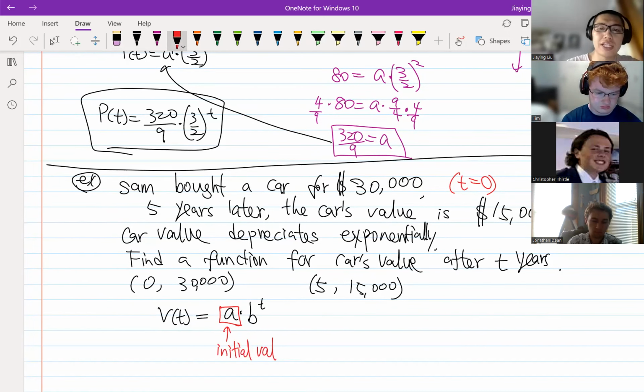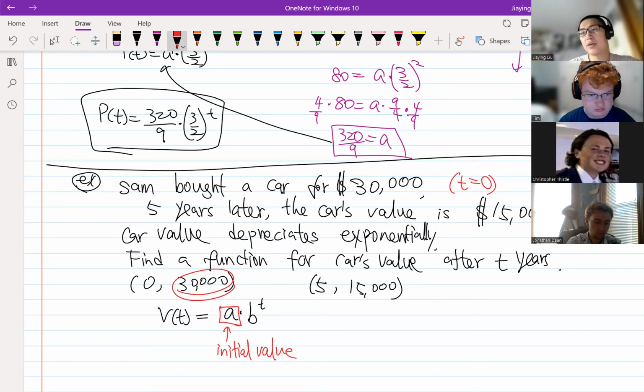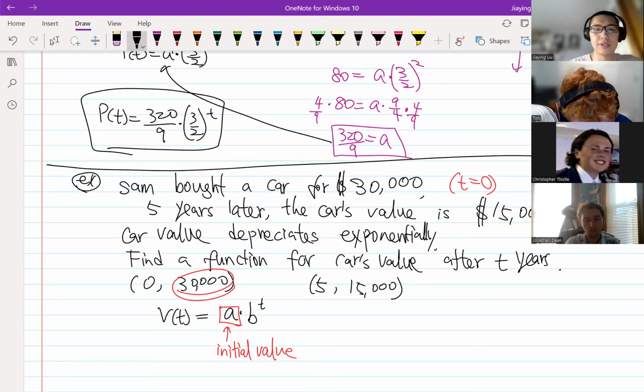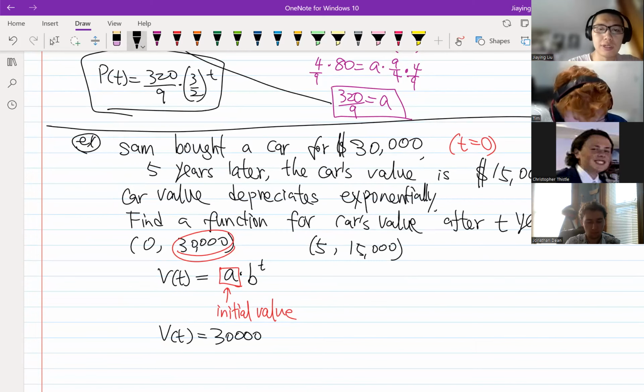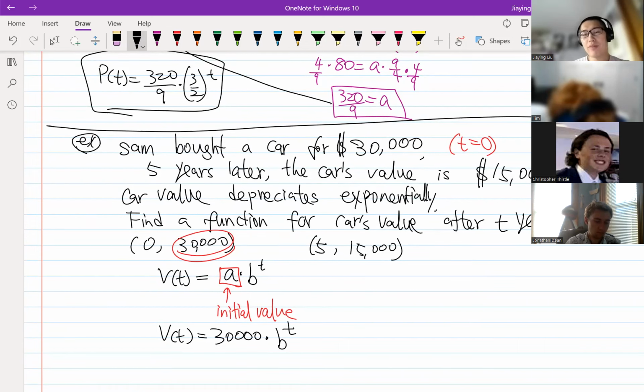By looking at the problem, the initial value of the car is the $30,000, which is also the y-intercept. So we don't have to write down 2 equations. We can plug in 30,000 for a and use the second point. So v of t equals 30,000 times b raised to the t, and we only have one variable to look for.